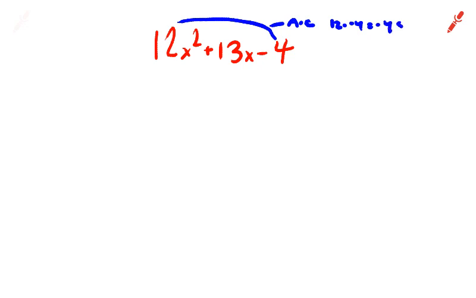So we're still going to be looking for two numbers that multiply to negative 48 and two numbers that add to 13. Like we'd normally do, we can make a list of factors of 48.